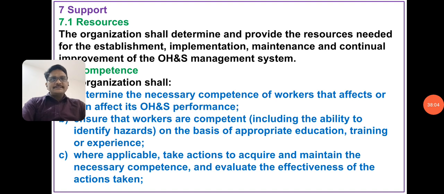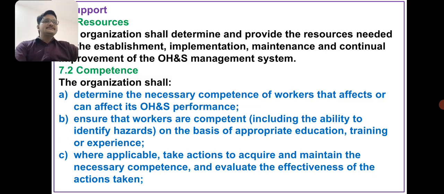In clause number 7, supports, there is a subclause that is 7.1, that is resources. For the resources, the organization shall determine and provide the resources needed for the establishment, implementation, maintenance and continual improvement of the OHS management system. Now next subclause is 7.2, that is competence.